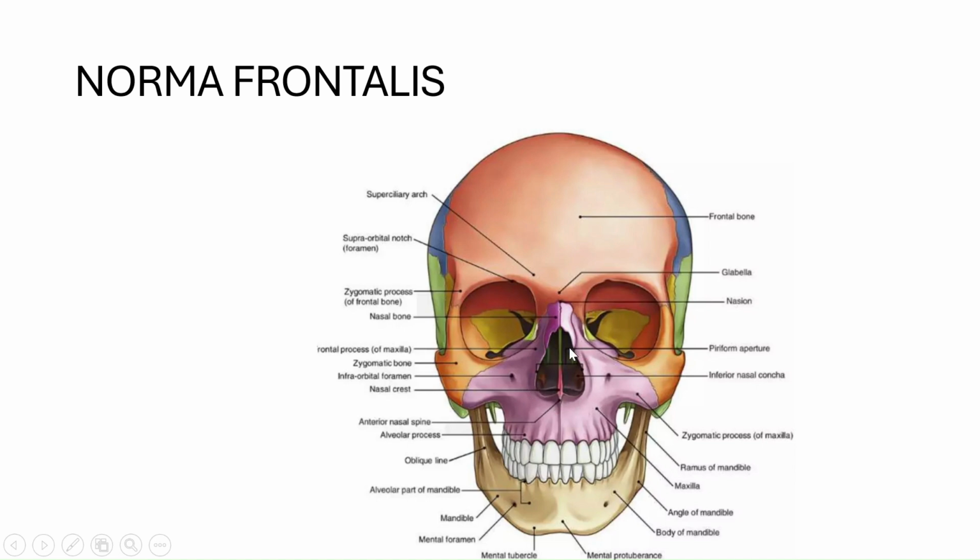Superiorly it is bounded by the nasal bone, and inferiorly the maxilla is forming its lateral margins like this. Inferiorly you will see one very important spine known as anterior nasal spine. This is a sharp bony projection.